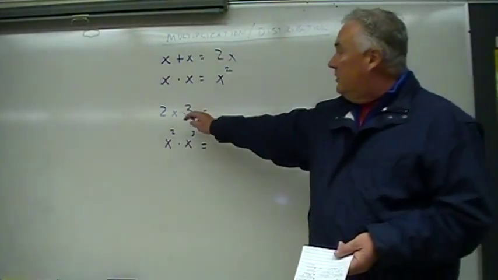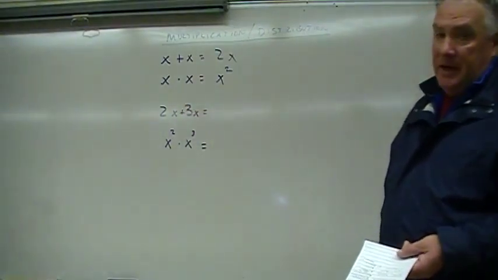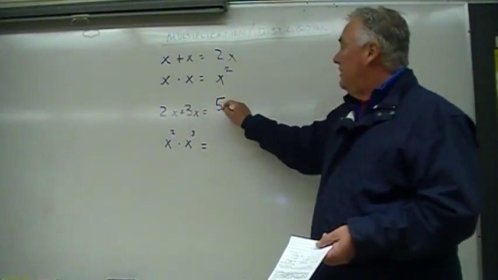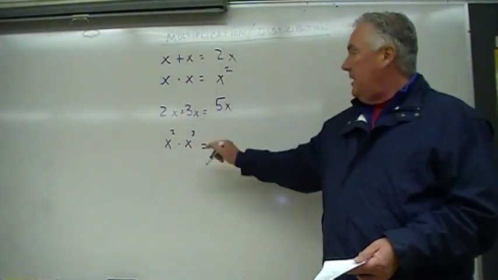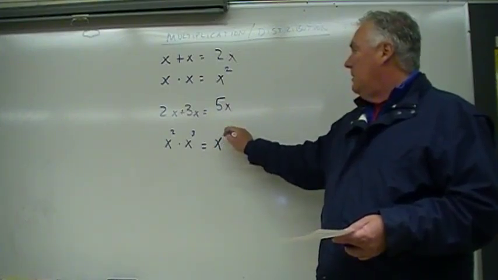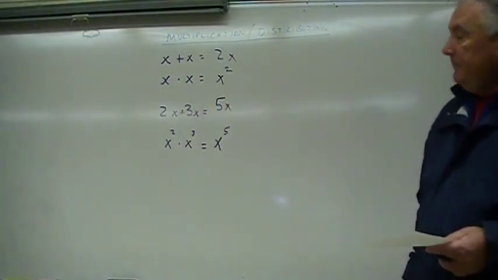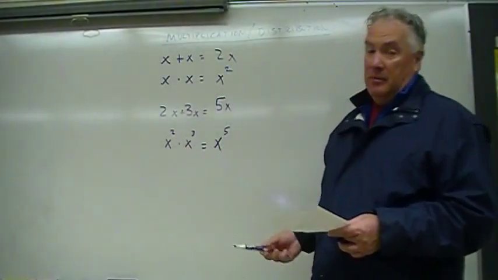Now, 2x plus 3x will give us 5x. X squared times x to the third gives us x to the fifth. Okay, we add the exponents here when we're multiplying.